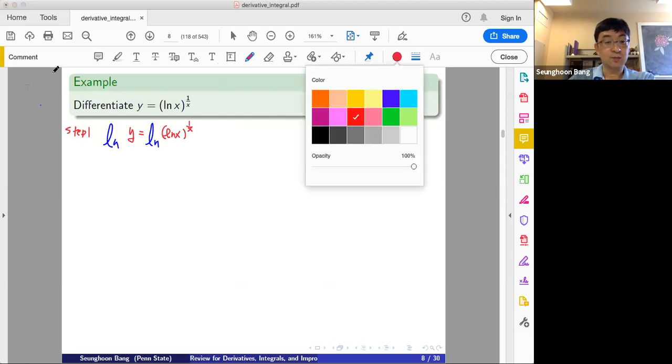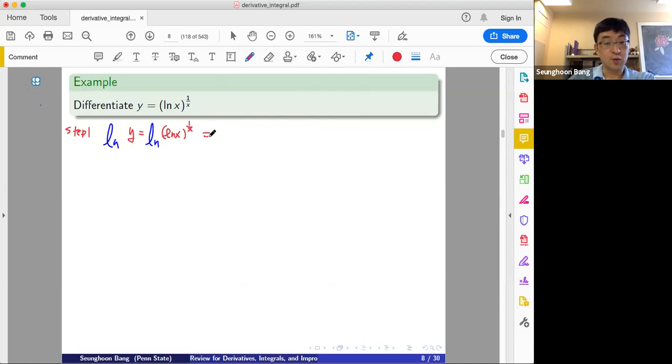The 1 over x comes down, so we have ln of x times 1 over x. So like this. After step 1, ln of y equals 1 over x times ln of x.